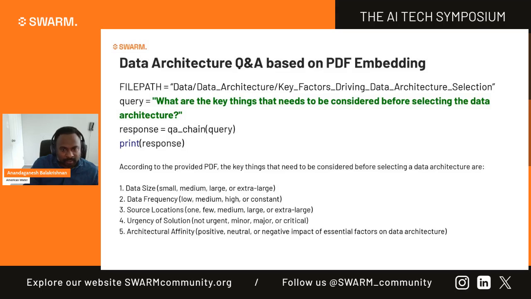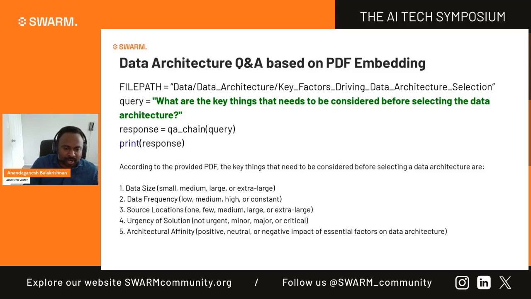I've asked this question: what are the key things that need to be considered before selecting the data architecture? Once the chain is executed, it provided this answer: according to the provided PDF, the key things are the data size, the data frequency, how often the data comes in, what the data source locations are, and how urgent the solution is to implement.